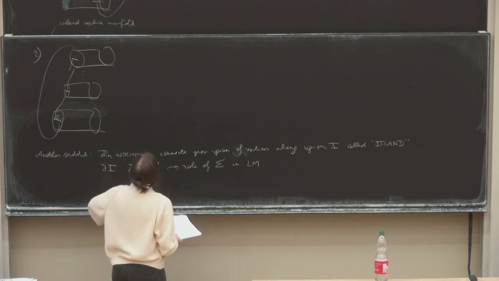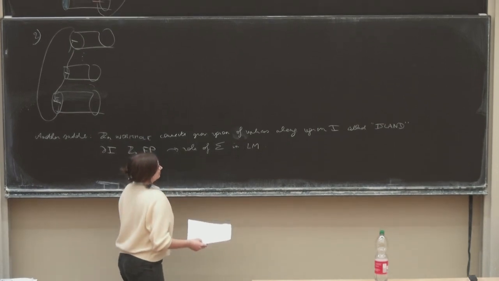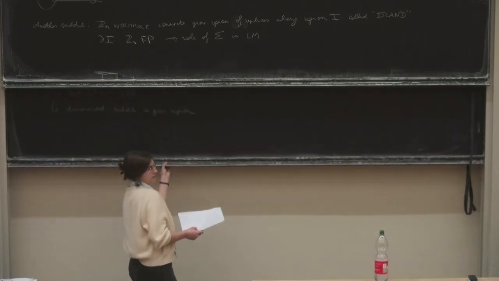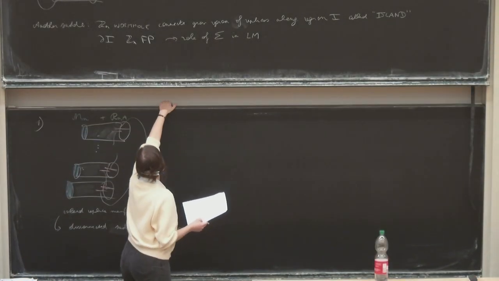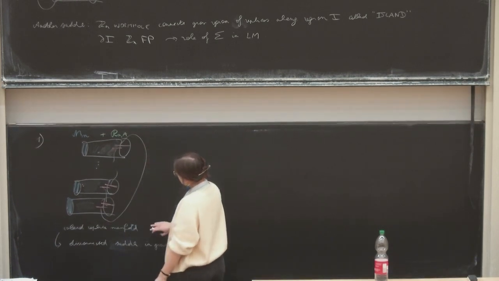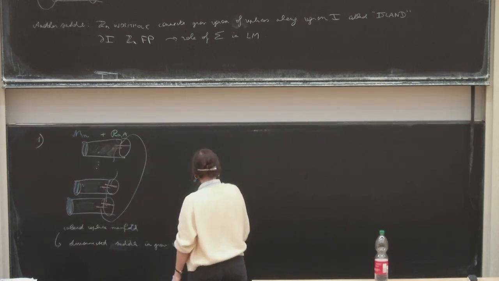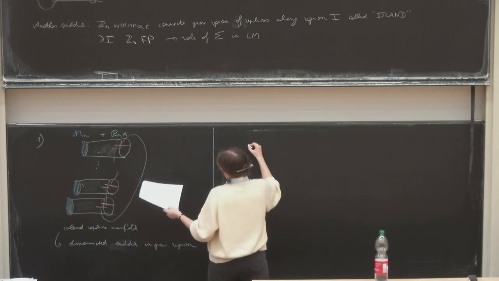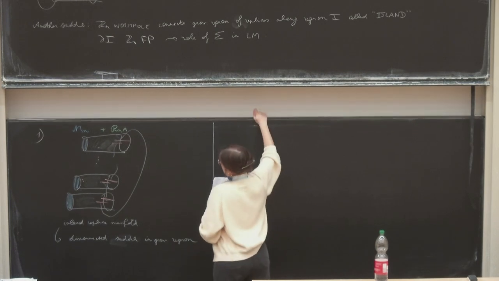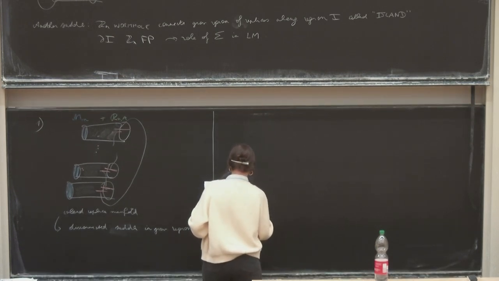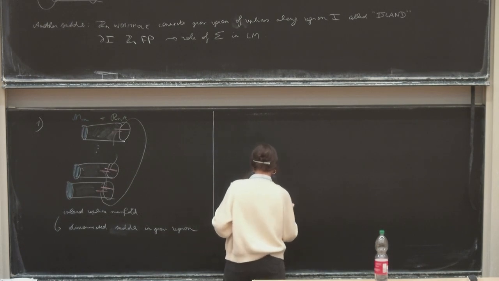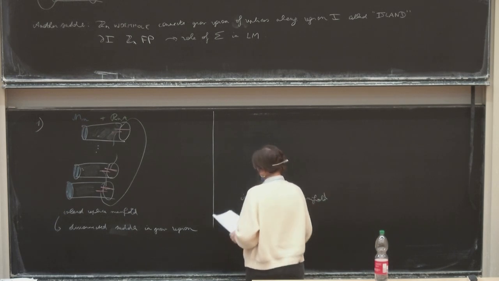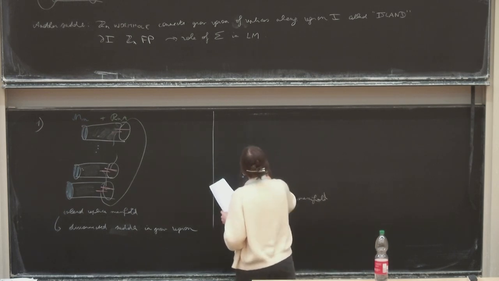So let me add the orbifold pictures for both of these. So if this is a total island replica manifold, then the total island orbifold manifold will be one of these copies.